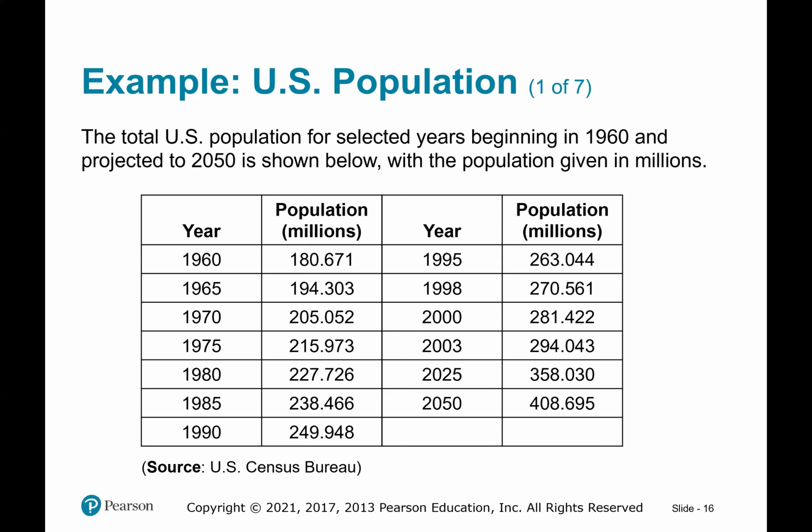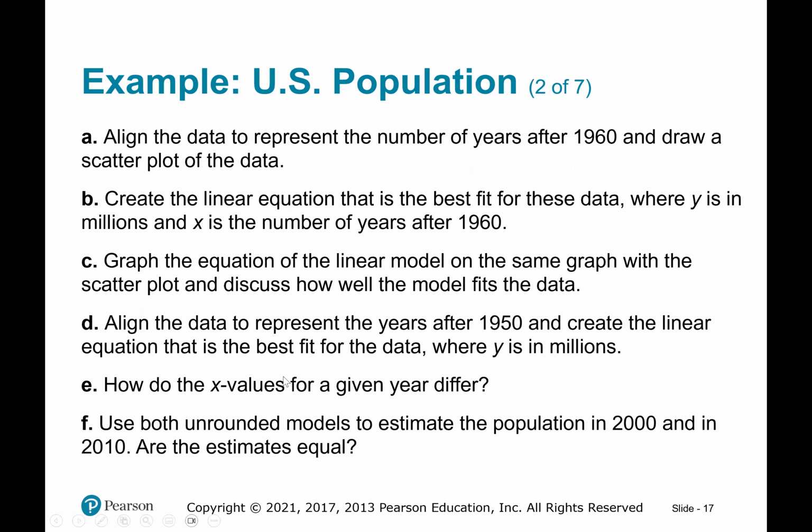And we need to decide what we're going to align our year to. Is it going to be since 1960? Is it going to be since 1950? So we're going to let the problem tell us what to do. So we're going to align the data to represent the number of years after 1960.